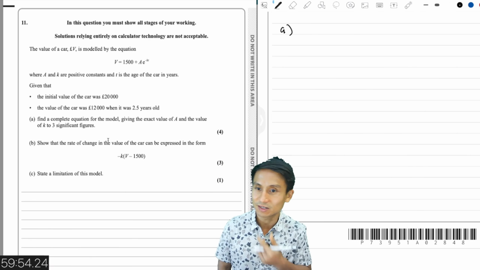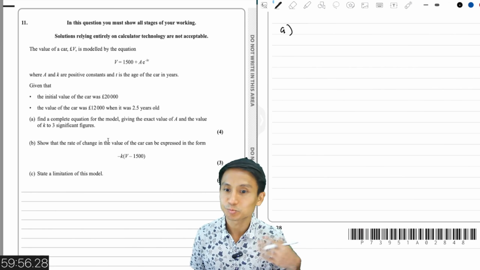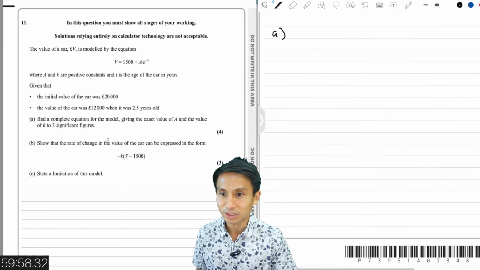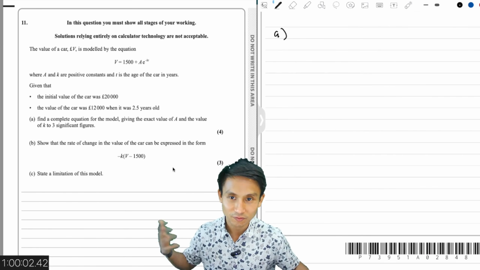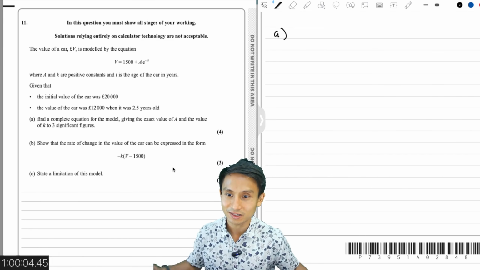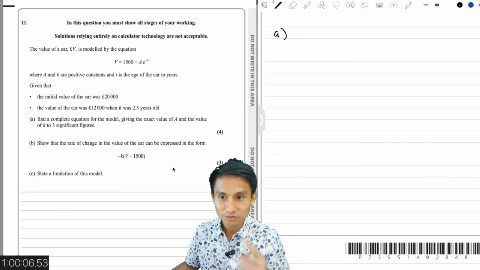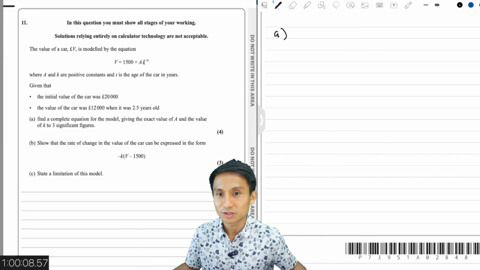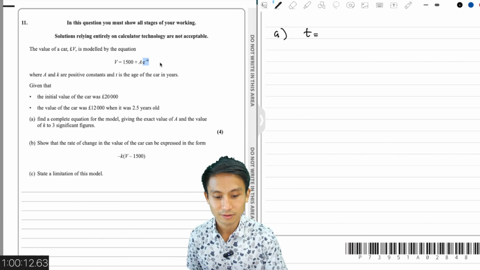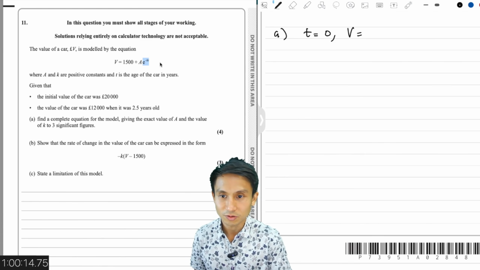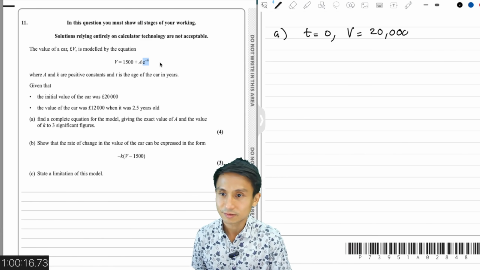All right, we're going to use the equation, plug in the conditions there and get simultaneous equations and solve for A and K, right? So the initial value is when t equals 0. When t equals 0, V equals 20,000.